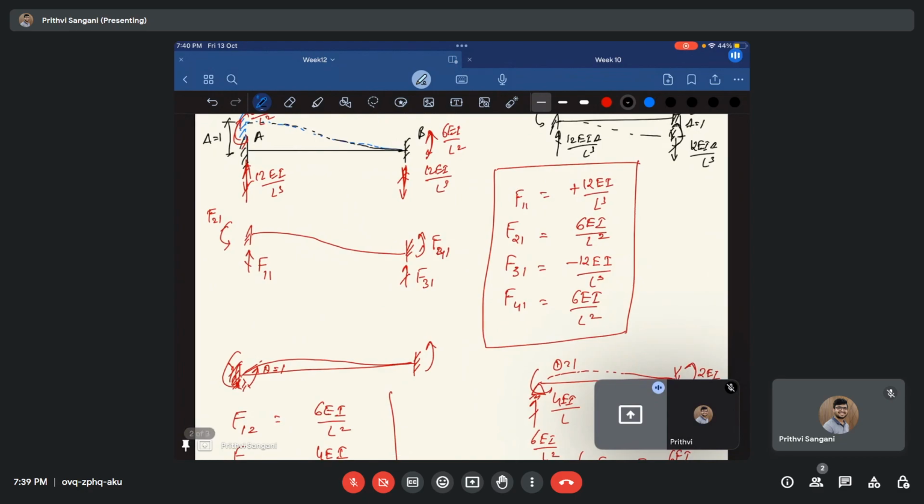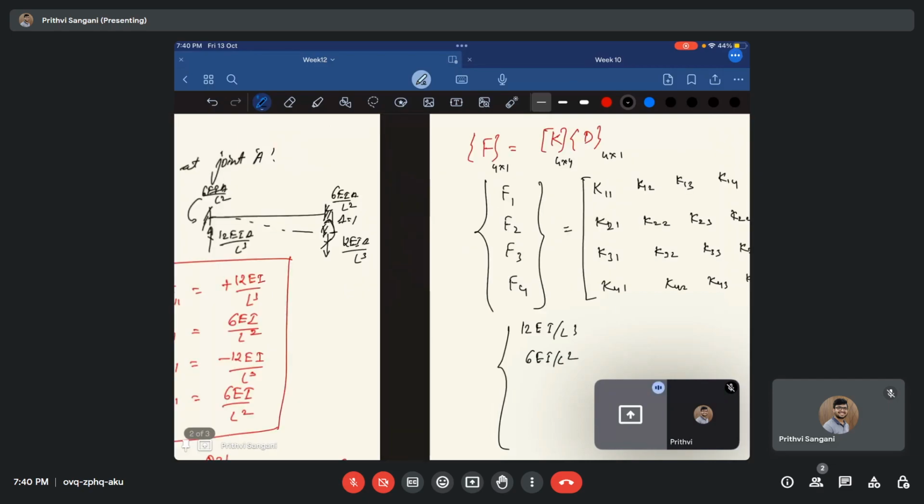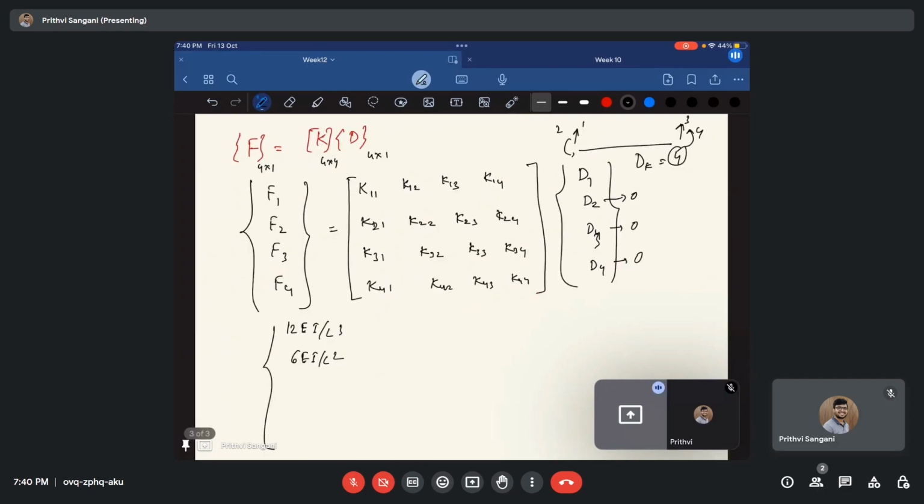12 EI by L cube, 6 EI by L square, minus 12 EI by L cube, 6 EI by L square. Fine.